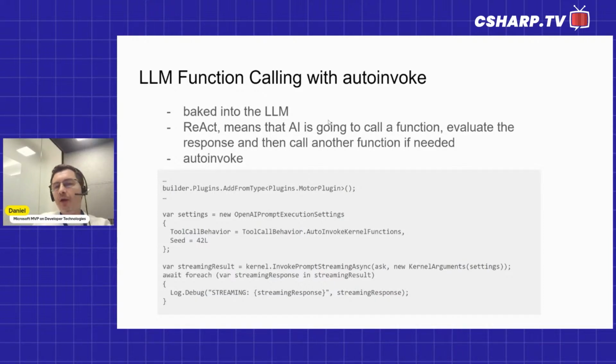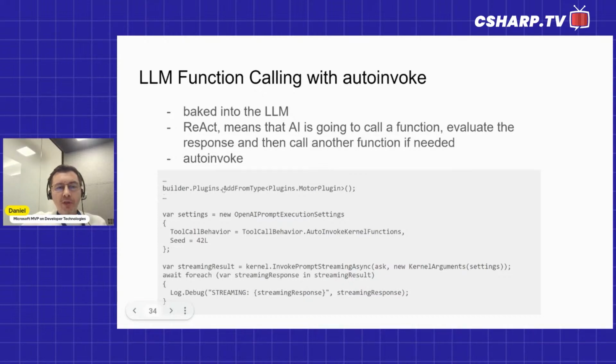Okay, now there are two flavors of function calling. For example, you can call these functions by setting the auto invoke to true. And this is making our code very simple. As you can see below, it's just a few lines of code. And let me explain a little.